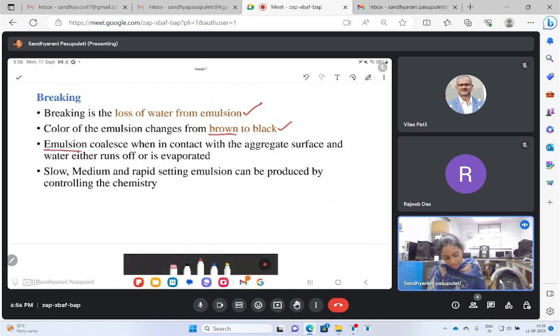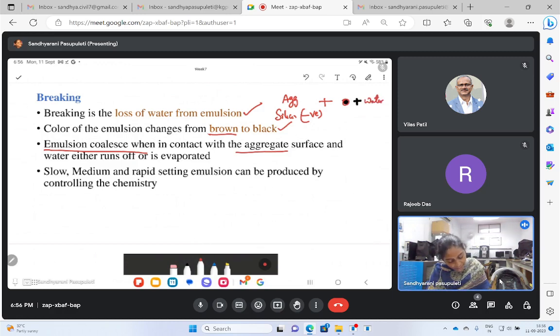So when this emulsion comes in contact with aggregate, we know the aggregate already has a charge. Let us see, if I am talking about siliceous aggregates, they have a negative charge. When the siliceous aggregates come in contact with the bitumen particles, we know that on the top of the bitumen there is some positive charge, and in addition to that there is some water.